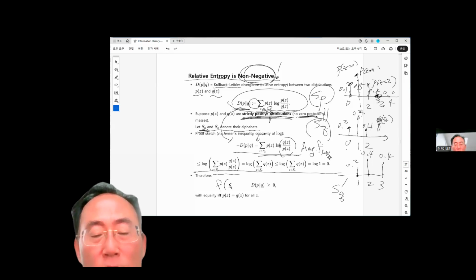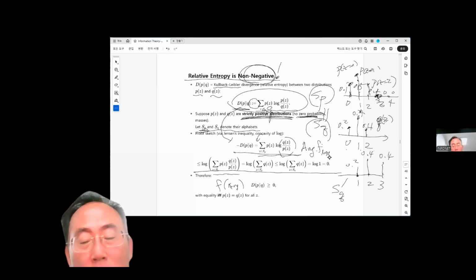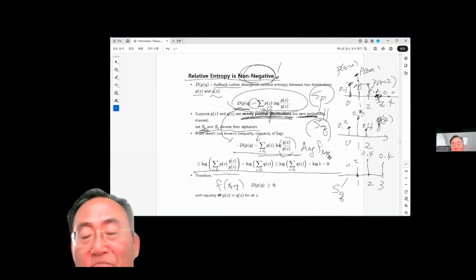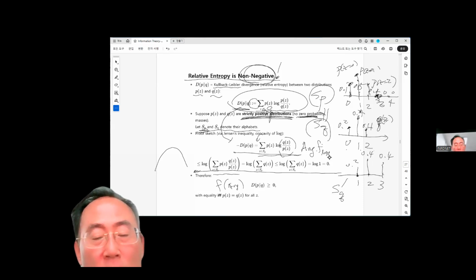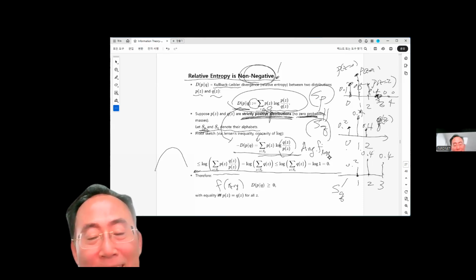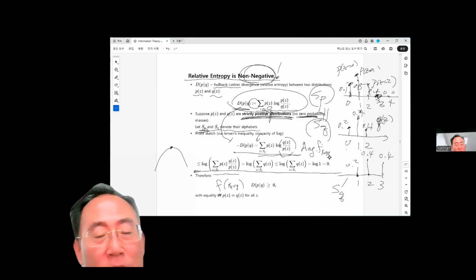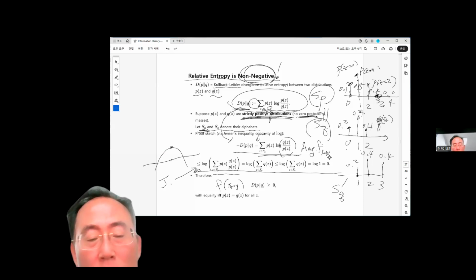By applying Jensen's inequality, basically we can have a function of average. Log is concave. So the function of average is higher than the average of functions in this case. That is from Jensen's inequality.